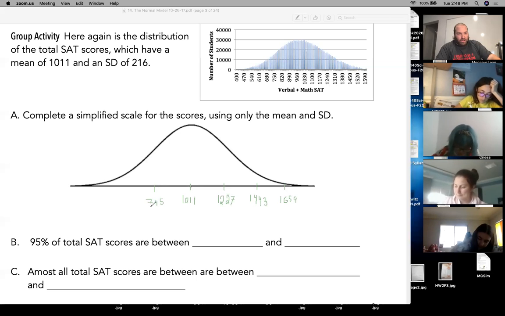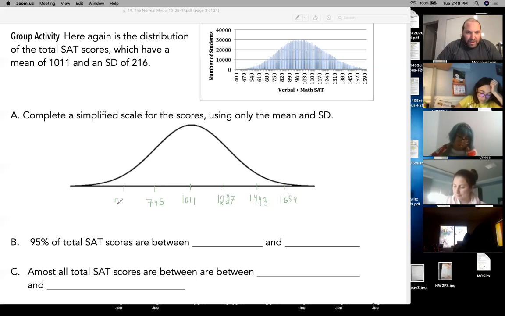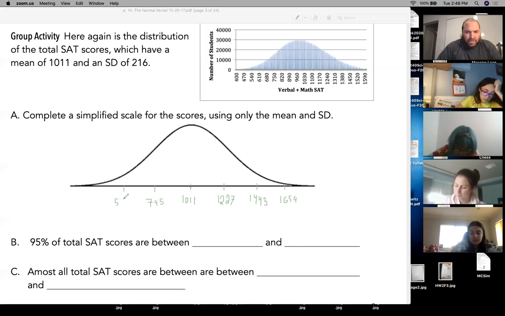And if I go another deviation down, 579. And if I go one more deviation down, 363. So that's my scale.